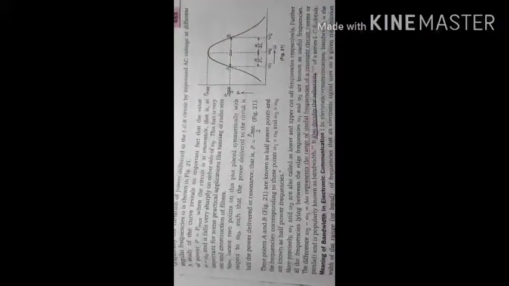These two points A and B are known as half power points, and the corresponding frequencies, omega 1 and omega 2, are called half power frequencies. They are also called the lower and upper cutoff frequencies.